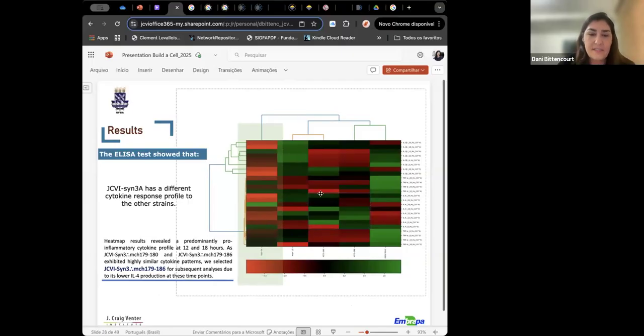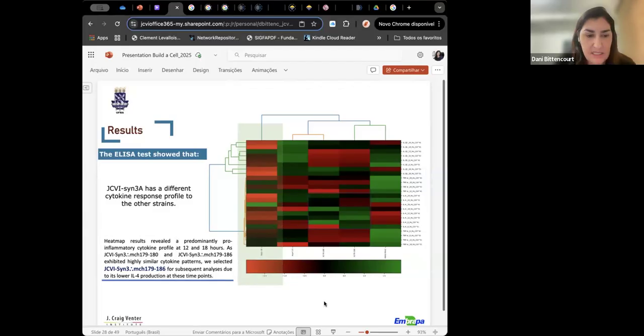They have kind of similar profiles of the inflammatory response. And the clone that has the 108 up to the 186 gene has a similar response to the wild-type Mycoplasma mycoides. But what is the most interesting about it is that JCVI-syn3 has the lowest inflammatory response in comparison to all of them.